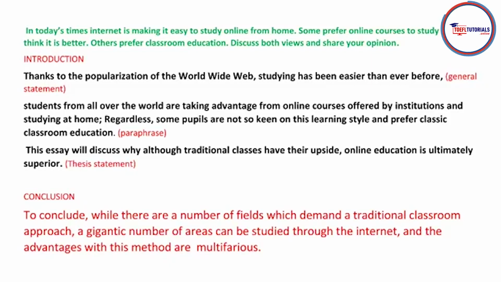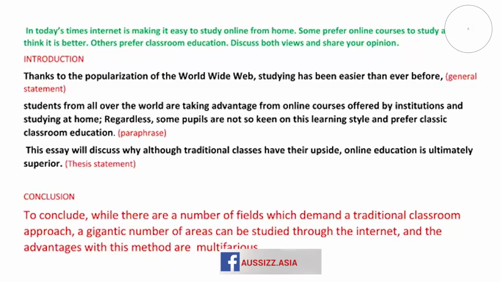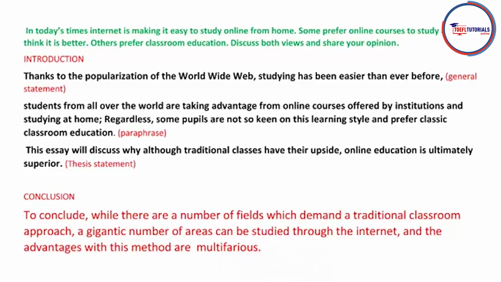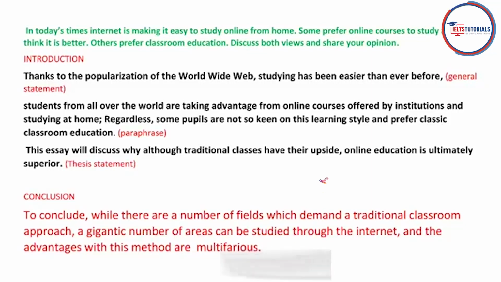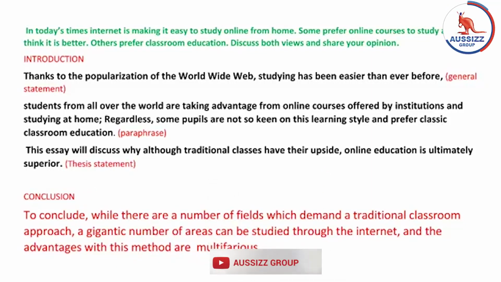See, I have used while with a comma, and after approach I have added a comma. So I have used one complex sentence, and then after that one compound sentence. In the second last line I have added and, and before it there is a comma. So my whole conclusion is based on complex and compound sentences.